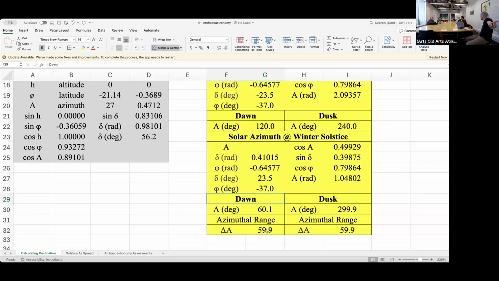Anybody know what that special boundary is called? The Arctic and the Antarctic circles, right? Which are about what? 66.67.